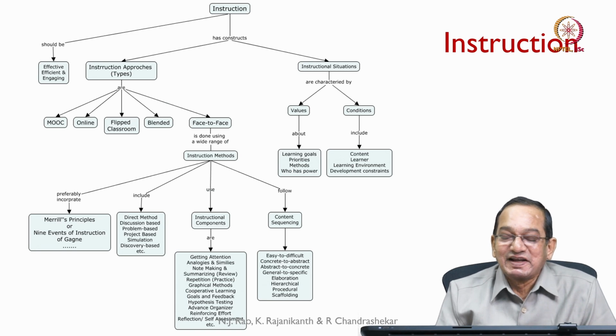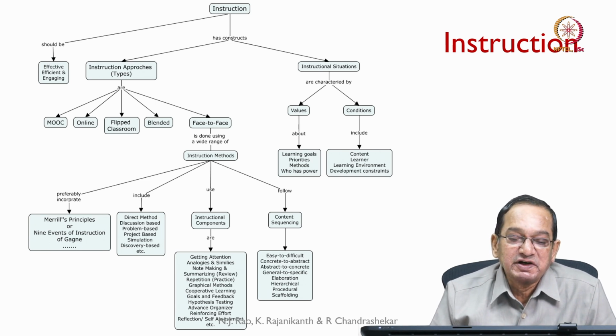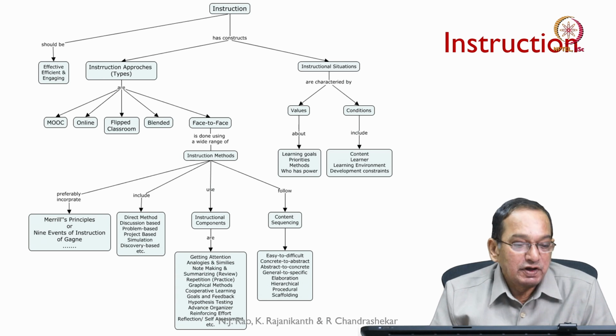So, this looks slightly intimidating, but if you see very broadly, this figure captures what all we have been discussing, that instruction should be effective, efficient, and engaging. If you see the top left hand corner of the figure, it should be effective, efficient, and engaging, three E's.